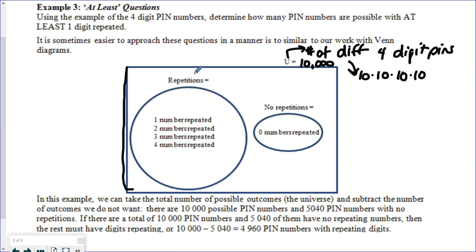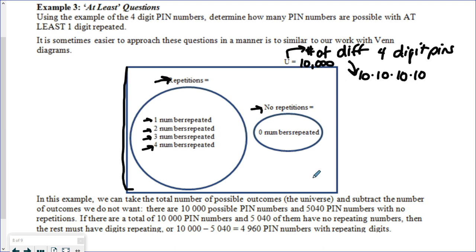So we either have PIN numbers that have any number of repetitions or PIN numbers that have no repetitions. With repetitions, we could have 1 repetition, 2, 3, or all 4 numbers the same. That would not overlap with the set of no repetitions, where no numbers are repeated. Together they represent everything within this universal set.